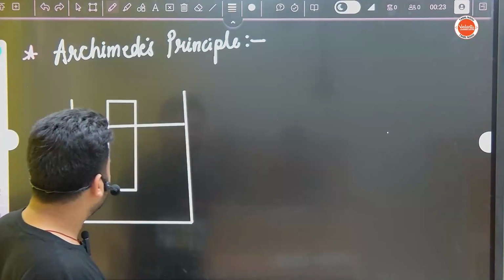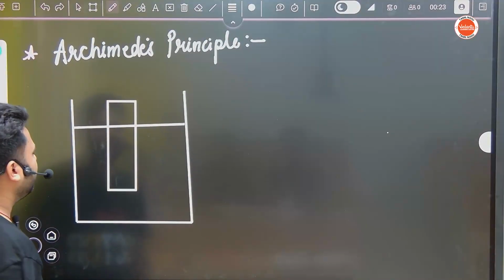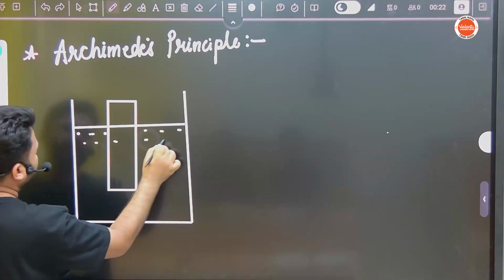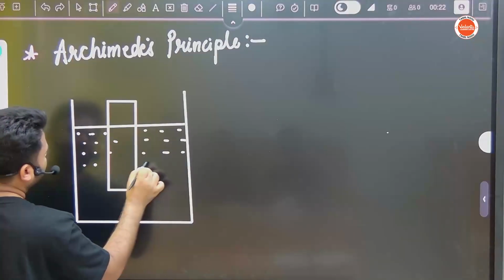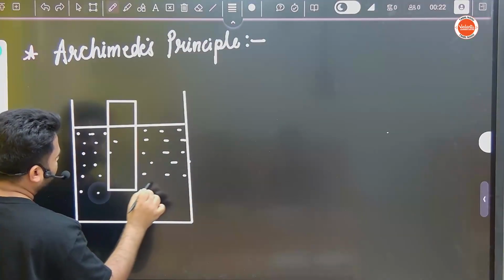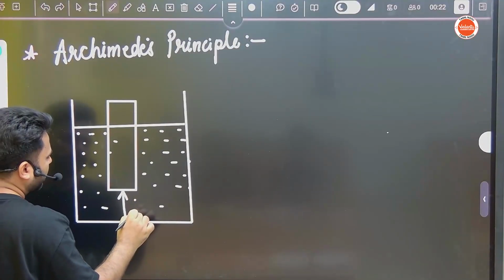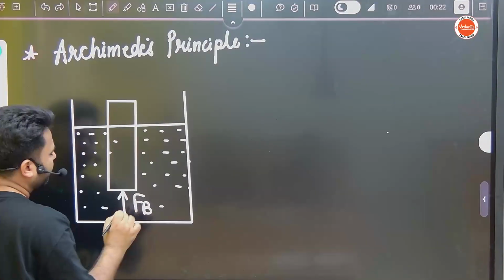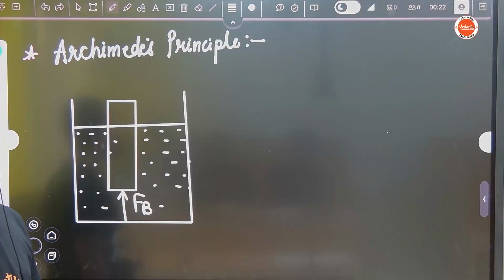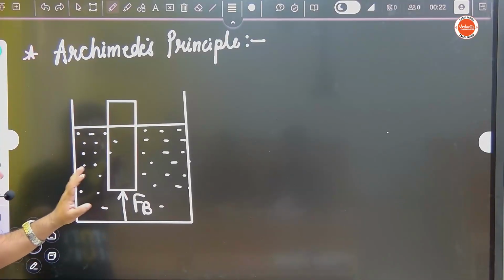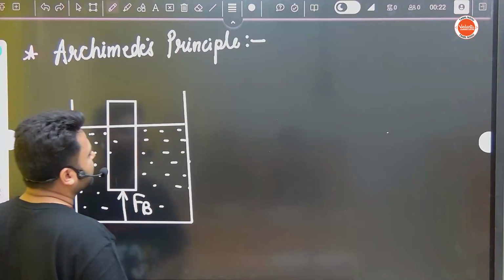So whenever you insert an object inside any fluid, it experiences an upward force, which is called buoyant force, FB. I don't write BF because you will think boyfriend.